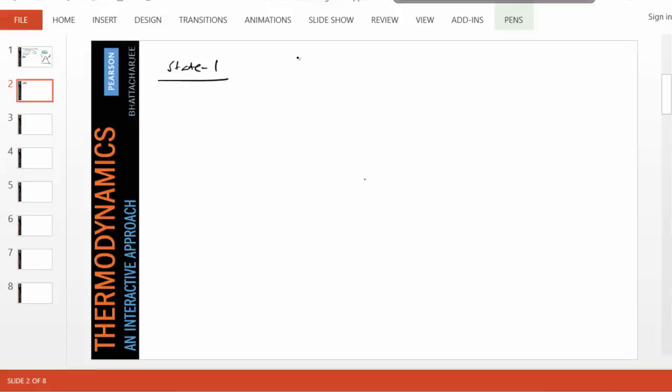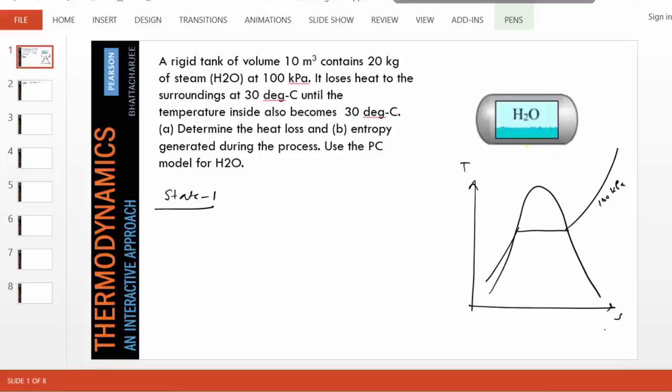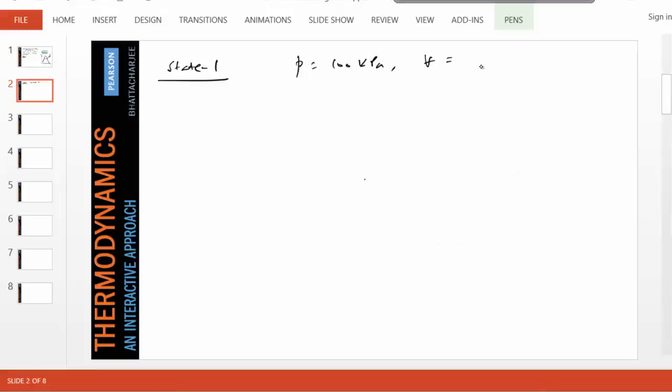What is given is pressure equals 100 kPa, and the volume is 10 meter cube and the mass is 20 kg. Therefore, we know a second thermodynamic property, the specific volume, which becomes 10 by 20, 0.5 meter cube per kg.